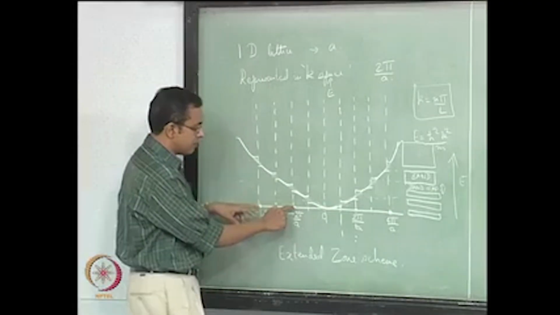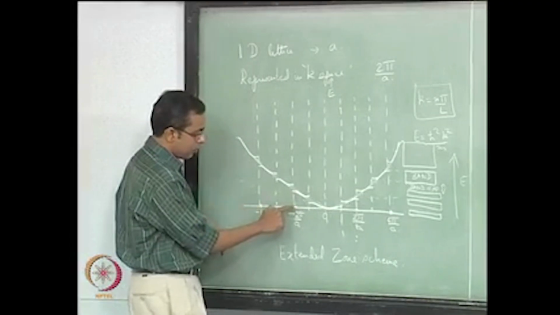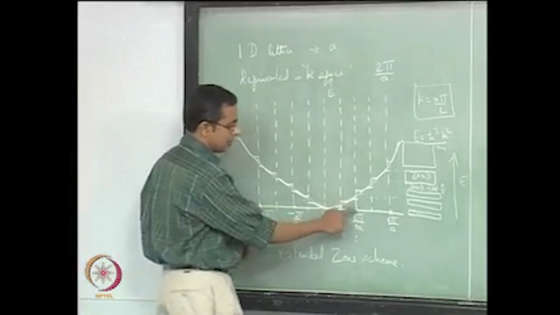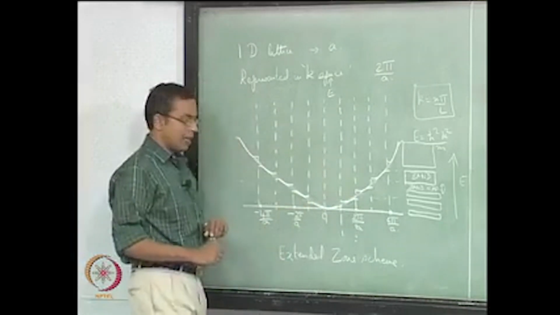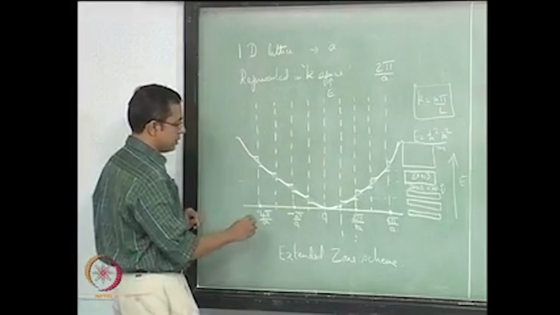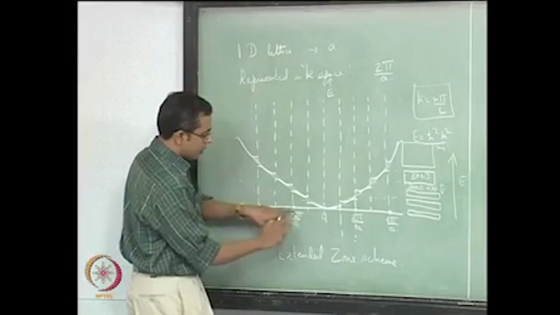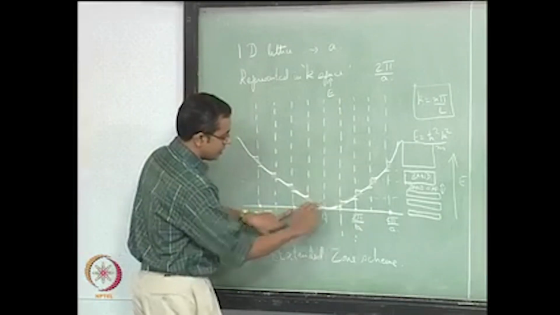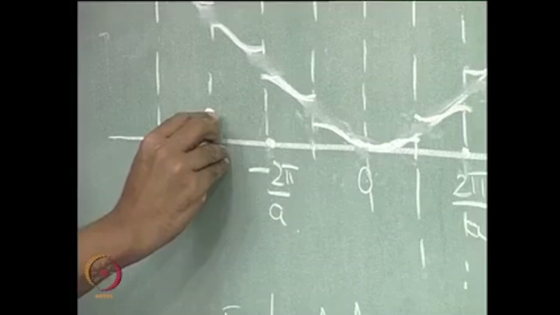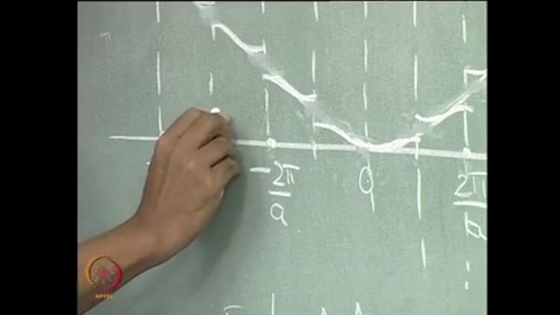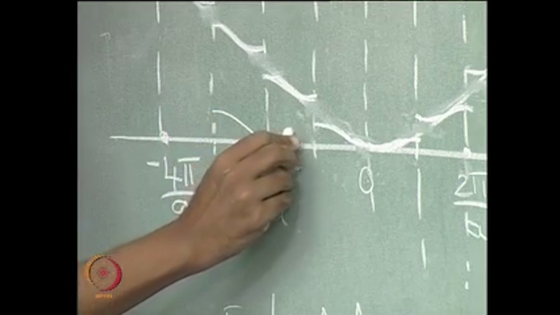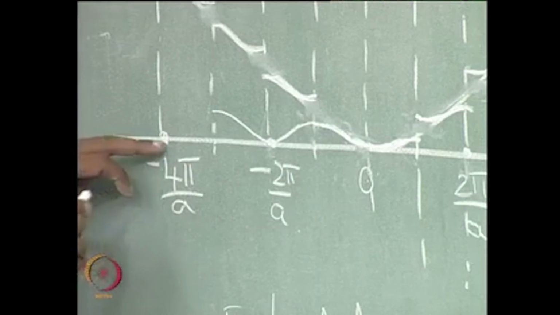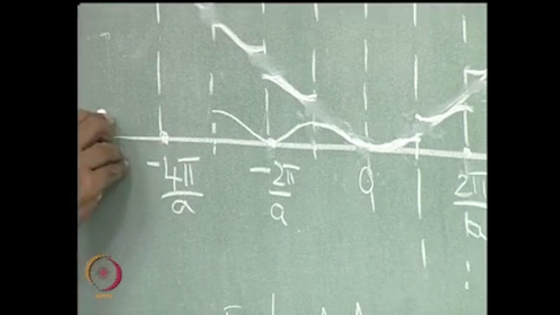So what we will do is we will draw the exact same diagram about this lattice point as well as this lattice point, this lattice point as well as this lattice point. Okay, then when you do that you will see what will happen. So about this lattice point you see this curve here, the same curve will occur here, and the same thing will occur about this lattice point, you will see that also.